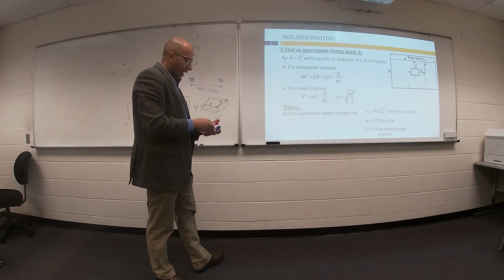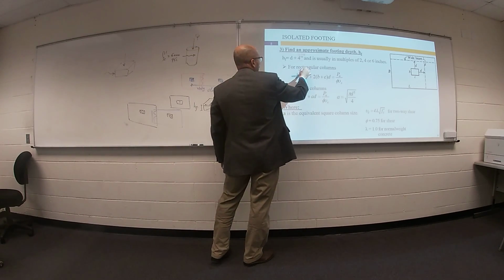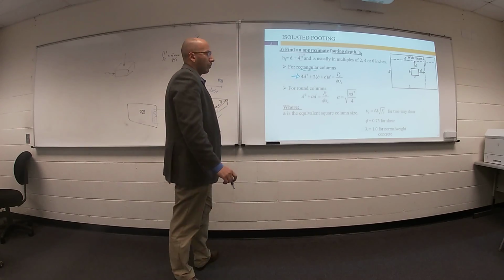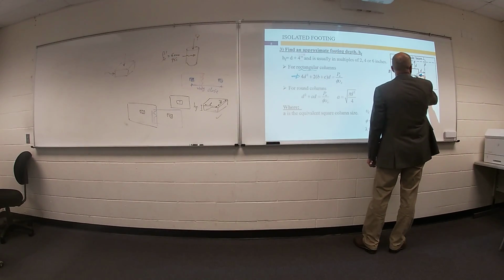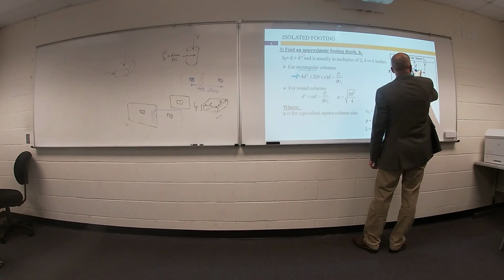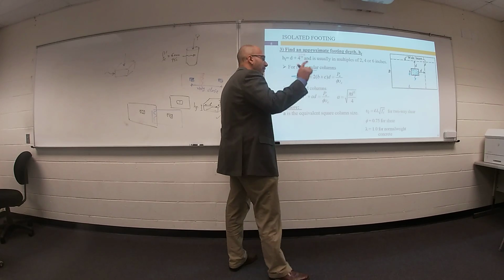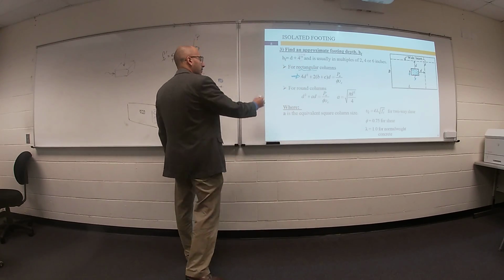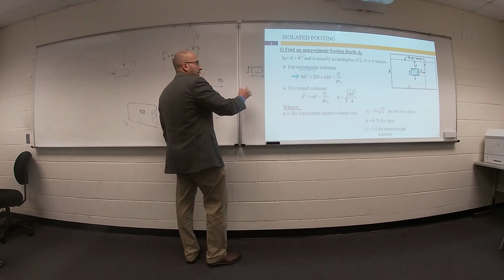Your depth can be determined using this equation if your column is a rectangular column. Put it in your mind, the dimension of the column is B times C. B and C are the dimensions of the column. We learned this in the design of column.